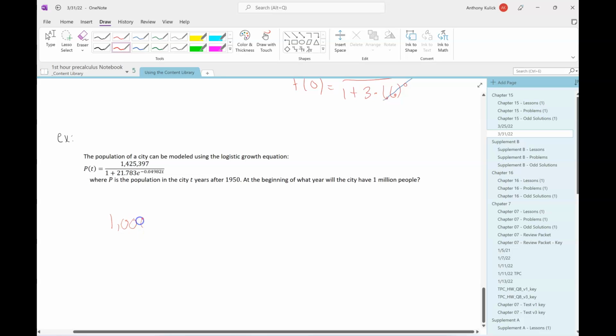So I'm just going to take 1 million and plug that in for P of T. And then we're going to be solving for the T in this case, right? Everybody's feeling okay?